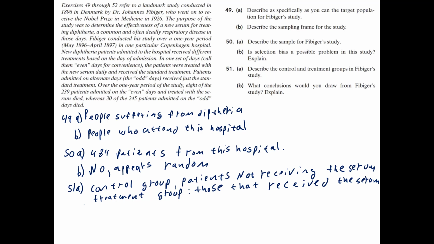And then 51B. What conclusions would you draw from Fibiger's study? Explain.